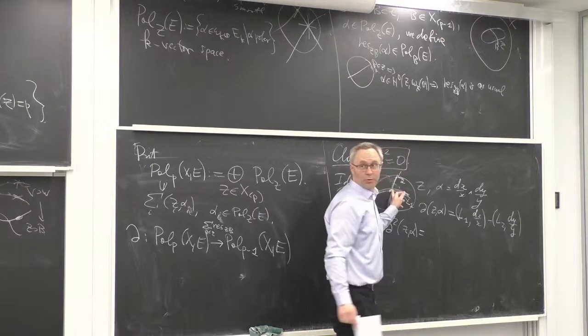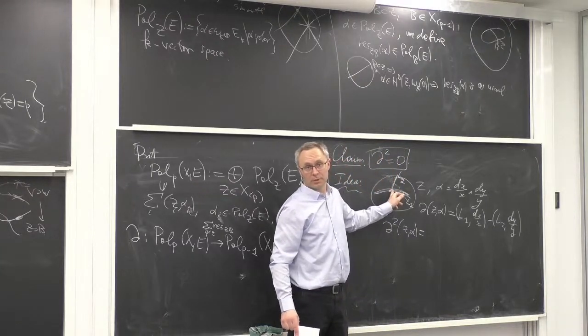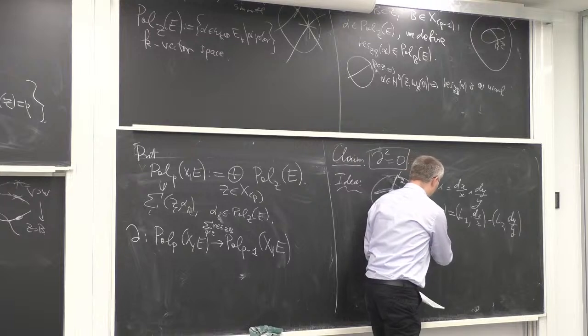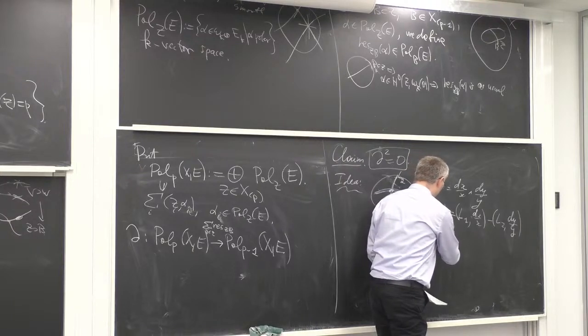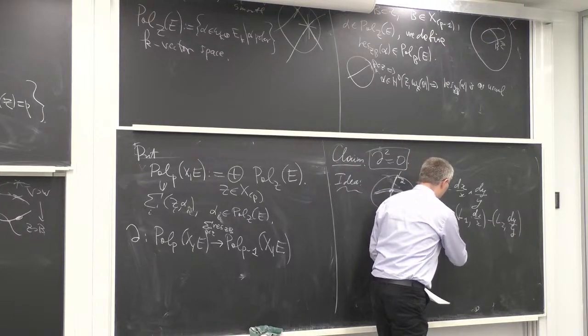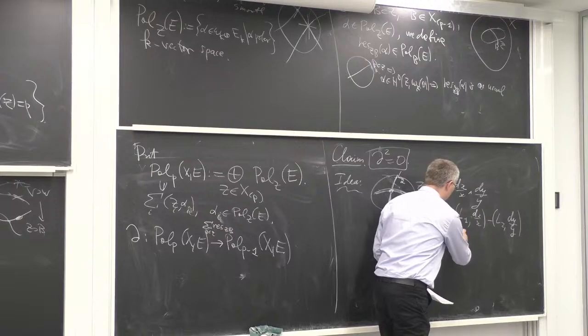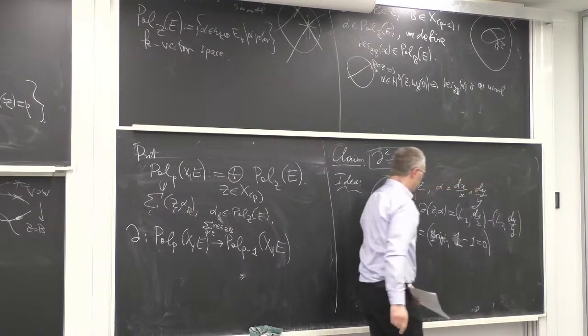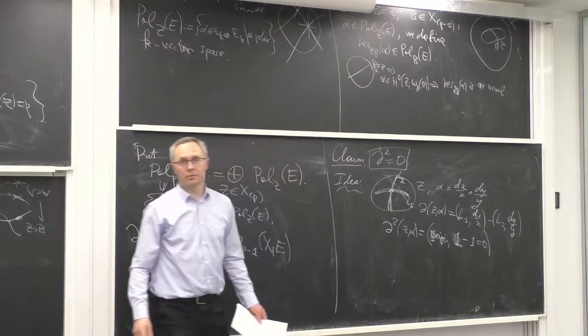It has a pole at the origin, and the residue at the origin is 1. So it will be the point origin, and some number which is 1, and this gives you minus 1, which means d squared equals 0.